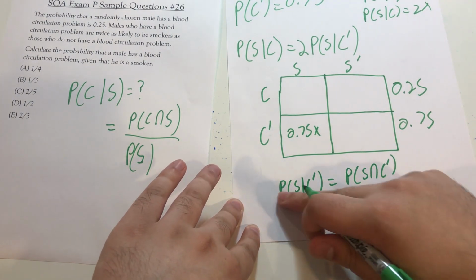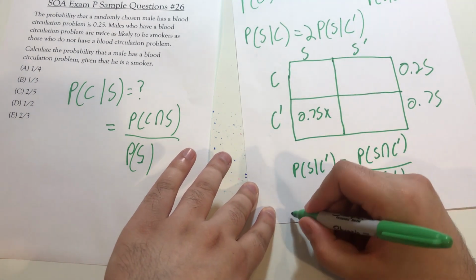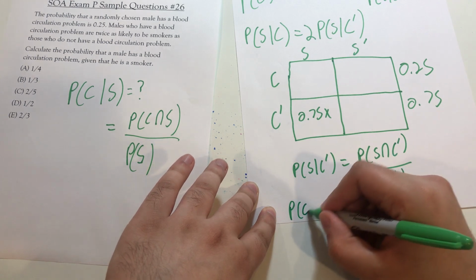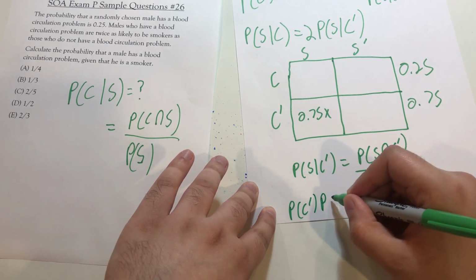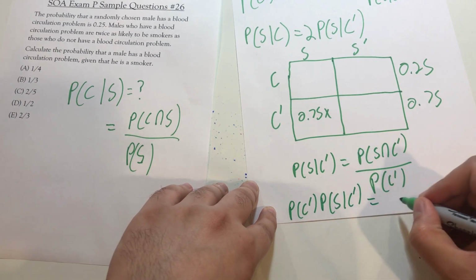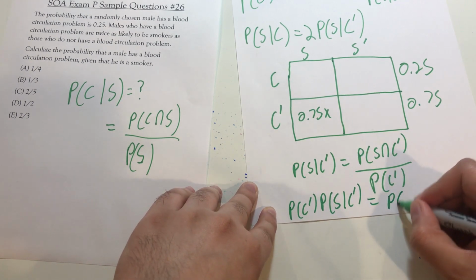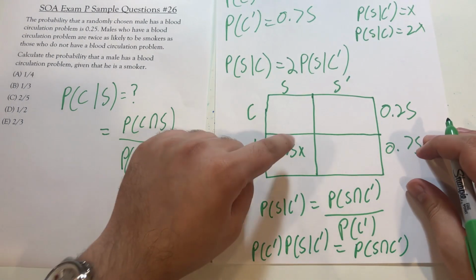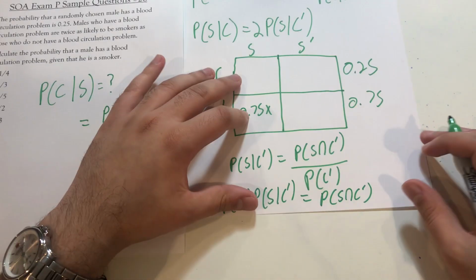I multiplied this over to the other side. So that means the probability of not having a circulation issue times the conditional probability, smoker given no circulation issue, is equal to the probability of the intersection of smokers and people without circulation issues. That's what this box is. It's that intersection.